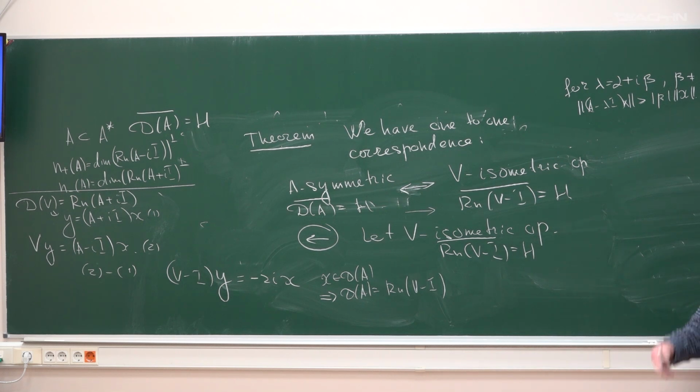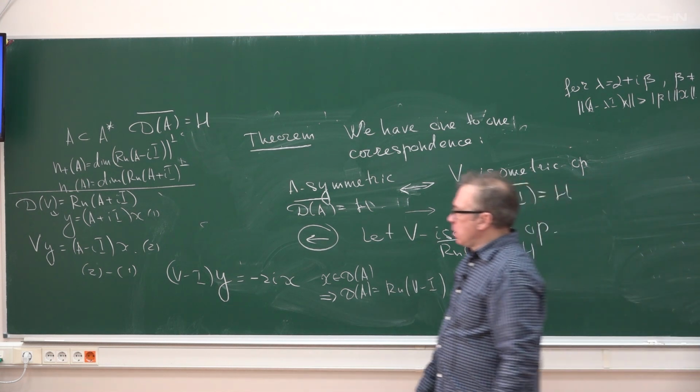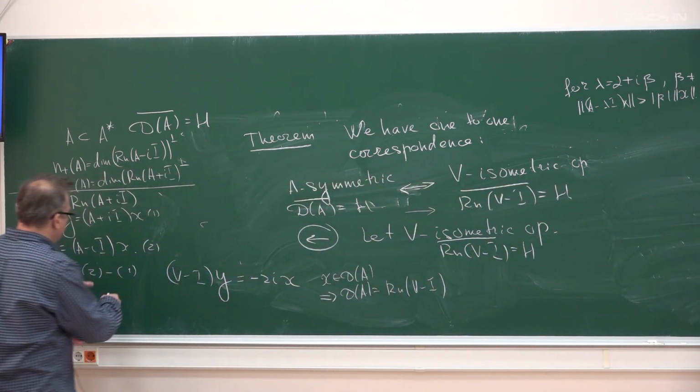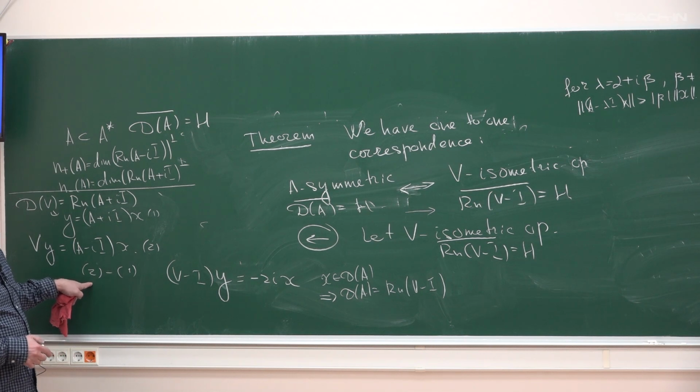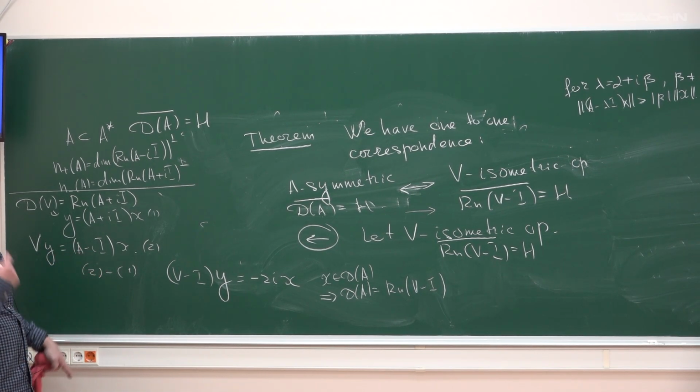So we obtained the first object for the operator, the domain, as the range of the operator. And how can we obtain the action of the operator? When we obtained the domain, we considered subtraction. If we want to obtain the action of operator A, what do we do with this? Plus.